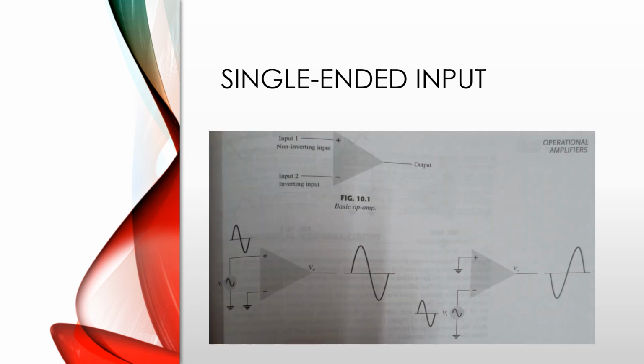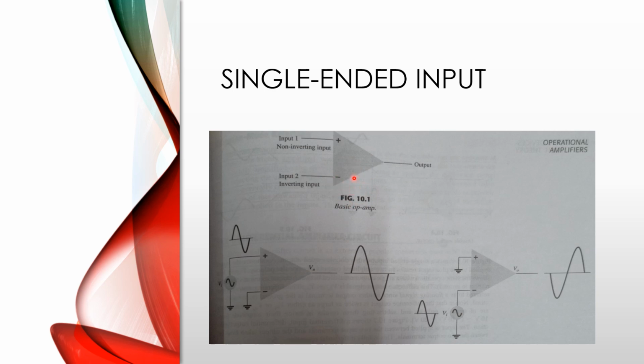So the first type of applied input is the single-ended input. This is the diagram of the op-amp circuit, showing how we apply single-ended input voltage.